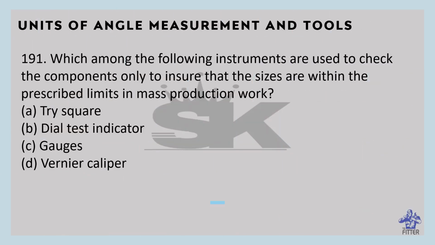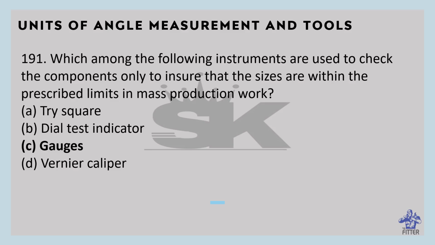Which among the following instruments is used to check the components only to ensure that the sizes are within the prescribed limit in mass production work? Gauges are used for this, so the answer is gauges. Taylor's principle is related to gauge design.